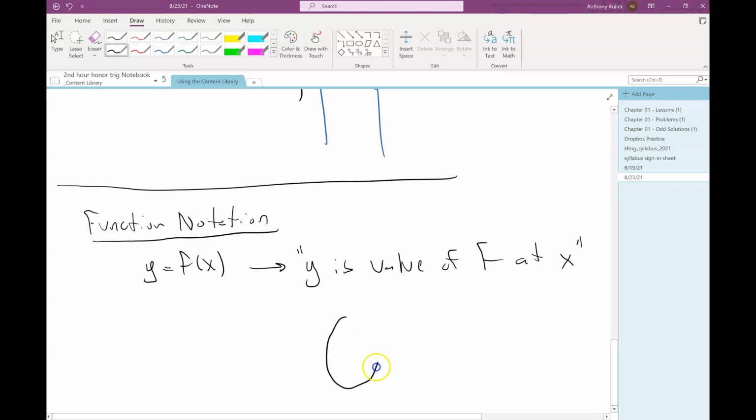So like if you thought back to your mapping diagram, if this is x and this is y, and this is the map going from x to y is f, this basically means that y is the transformation of x under that function f, right?